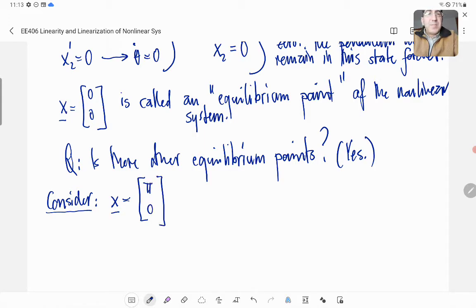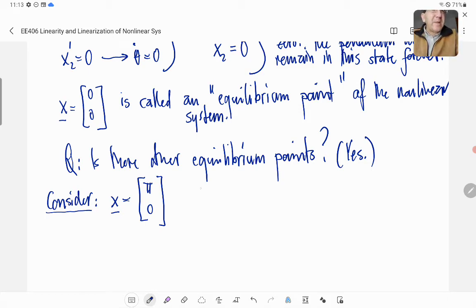What is that? That means the angle is pi. That means the pendulum is actually on the vertical, but towards the top. So we can call this an inverted state. In fact, when you have this kind of point, you are talking about an inverted pendulum, right? So the angle is pi, and the velocity is still 0. So the pendulum is at the top, but there is no velocity.